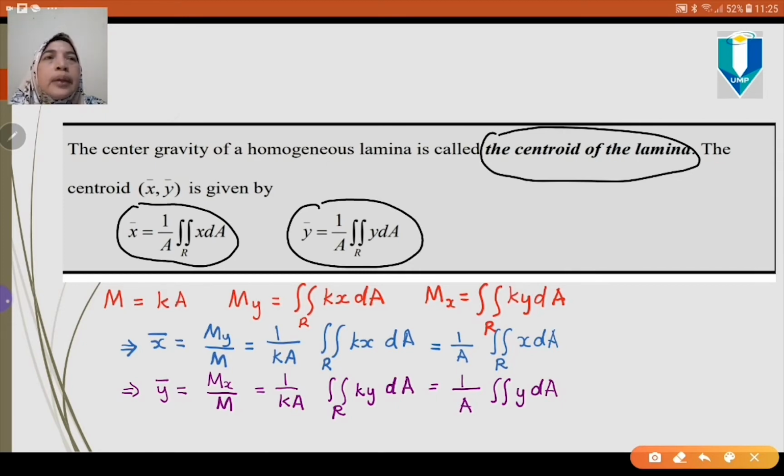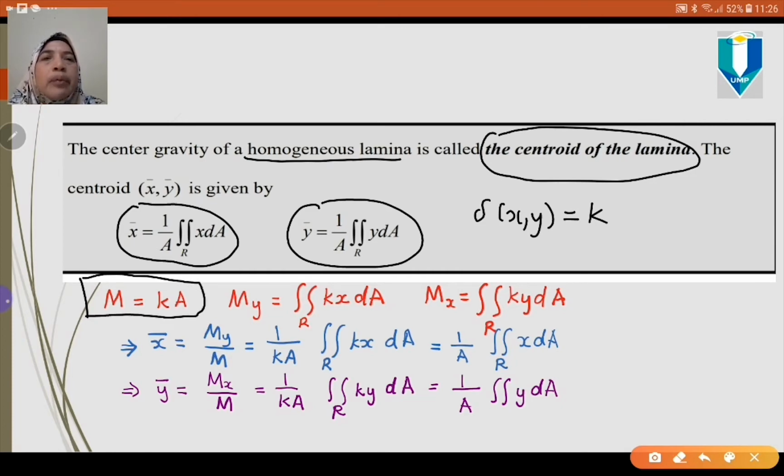Now, when the lamina is homogeneous, the density function delta xy equals k, where k is just a constant. When you want to find the center of gravity of that lamina, you need to find the mass.